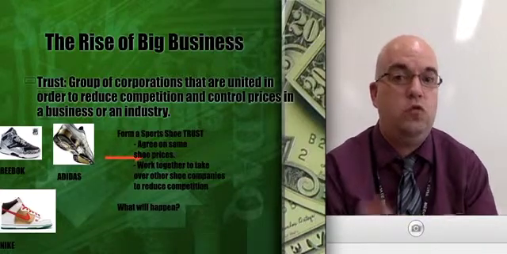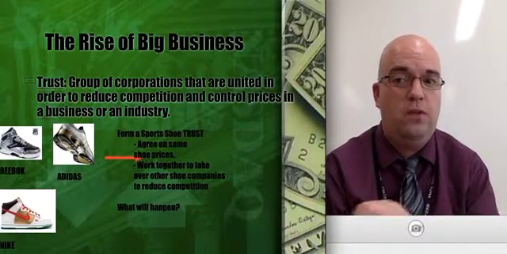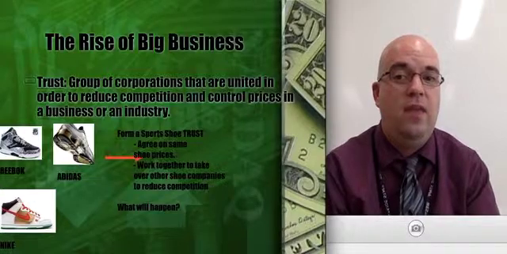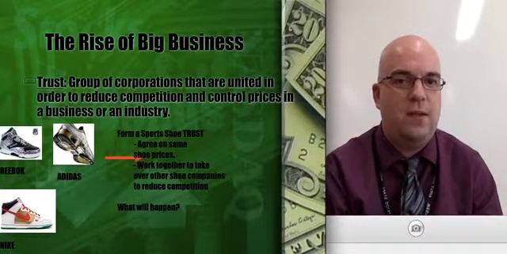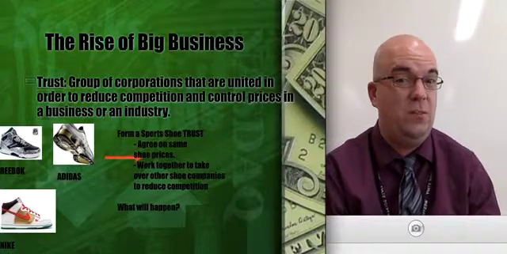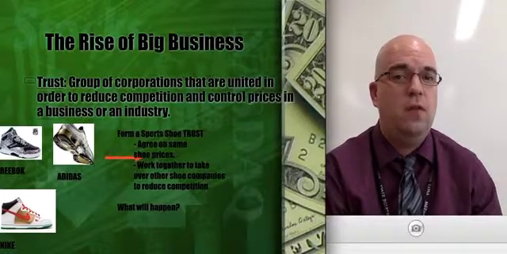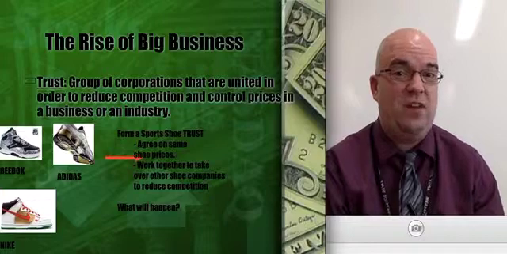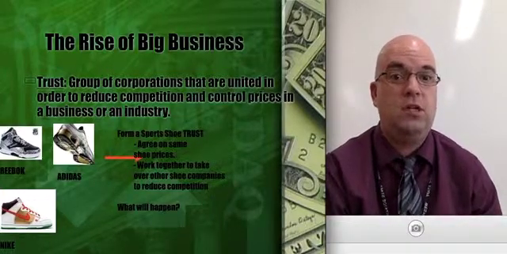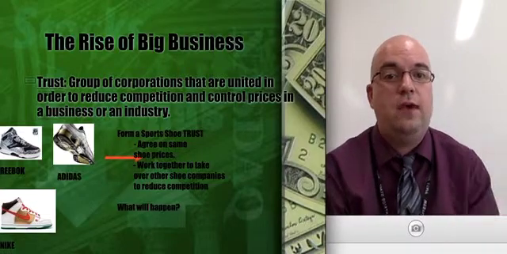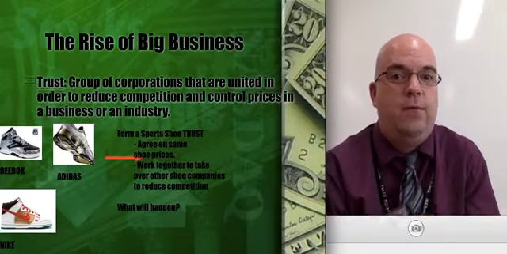But if there is a shoe trust that's formed where these companies are working together, they could all work together to squeeze out the competition by initially maybe lowering the prices so low that all the other companies that are not in the trust just can't compete, and they get driven out of business. And then once the competition's gone, then they can jack the prices up because you have to buy from them.